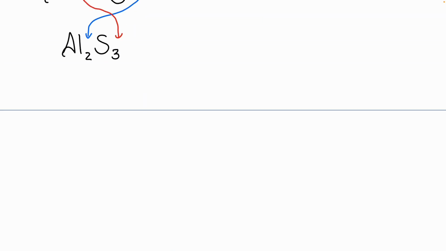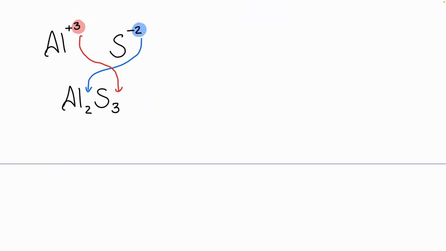All right, so what do I mean by this? Let's do another example here. Let's do magnesium oxide. Magnesium, if we look on our periodic table, that's our alkaline earth metal. That has a charge of +2. Our oxide ion has a charge of -2. So if I did my swap and drop method, I would get Mg2O2.